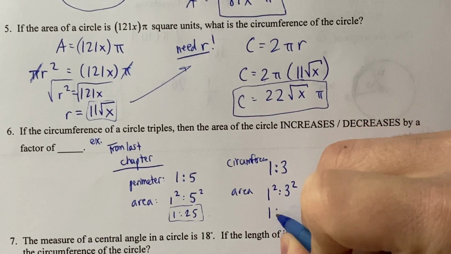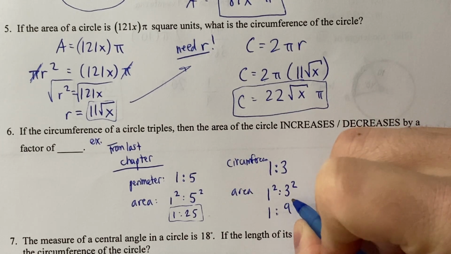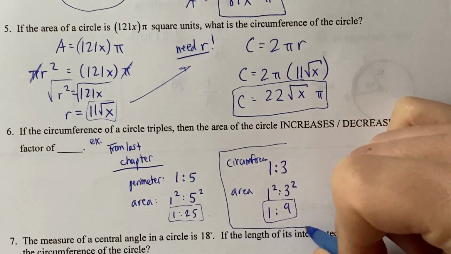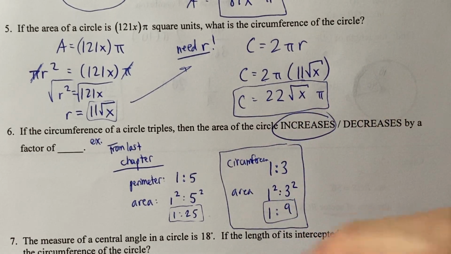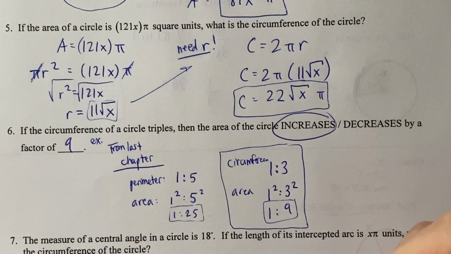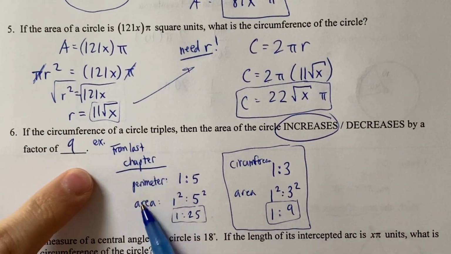So that'd be a 1 to 9 ratio. Look what happens here. It's going to increase by a factor of 9, because now it's getting 9 times bigger.